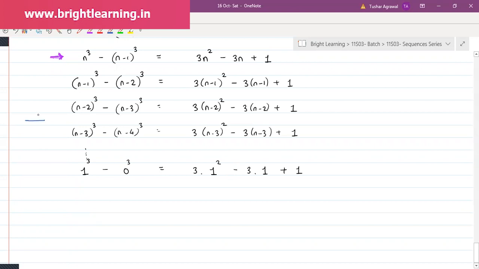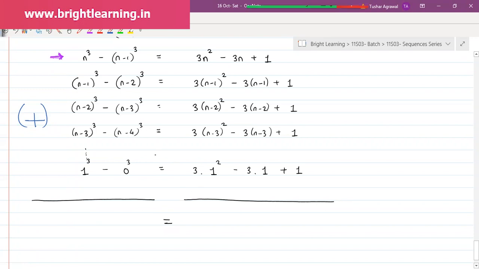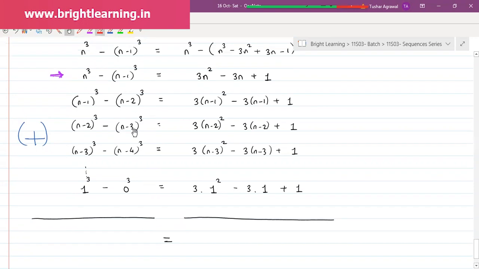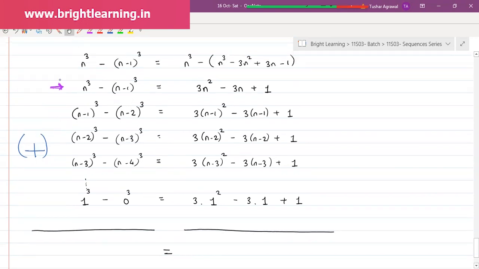Now I add this complete thing vertically. Let's see what happens. What will happen in the LHS if I'm adding all this?